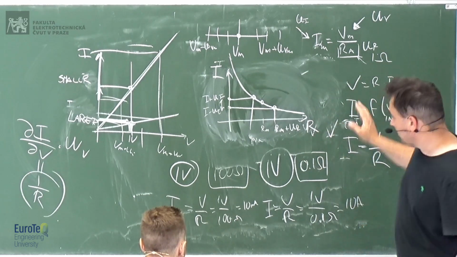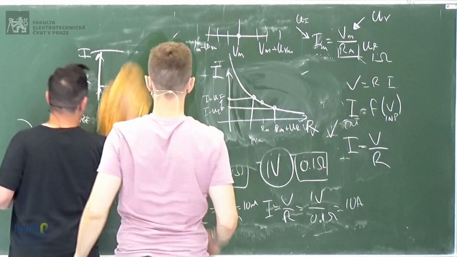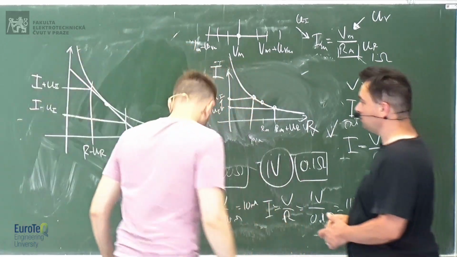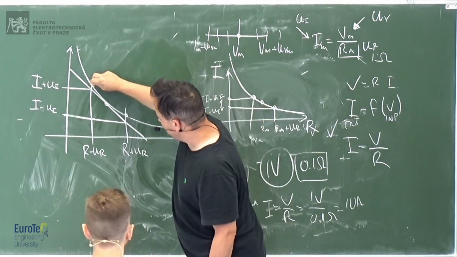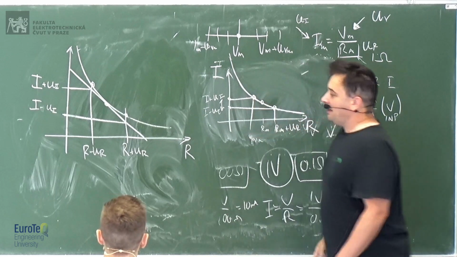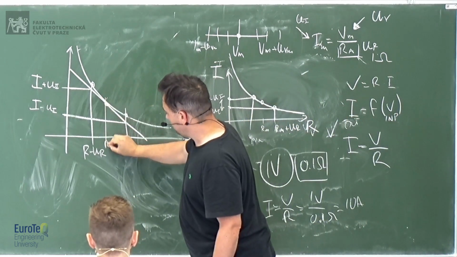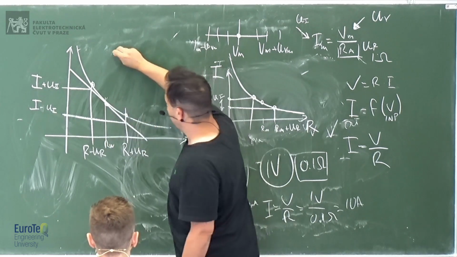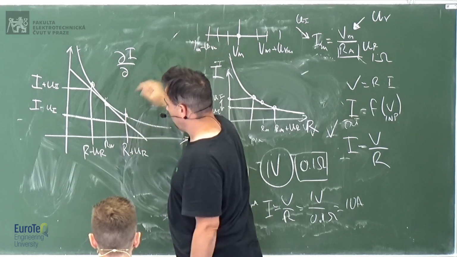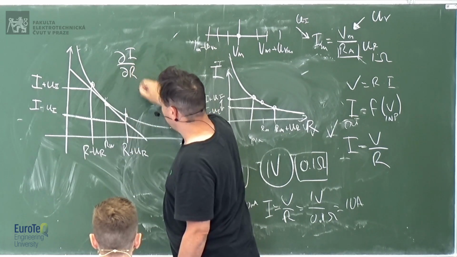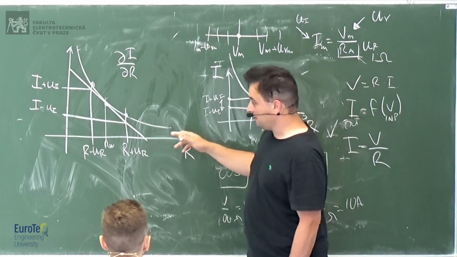Now, I will make another drawing because otherwise I don't have space to make a nice graph. So what you do is not to consider these points on the actual characteristic, but you take Rm and you calculate the derivative of the current with respect to R. But this derivative is now a function of R itself, okay?